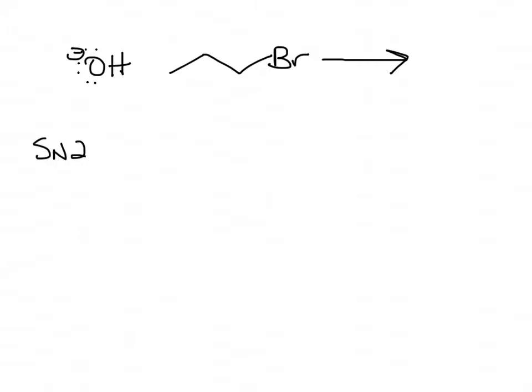So now if I give you an example, say we have OH minus as a nucleophile and we have an alkyl halide. Now, this is going to go by SN2. You're going to have the nucleophile attack the alkyl halide.